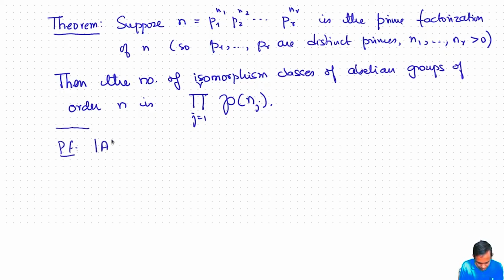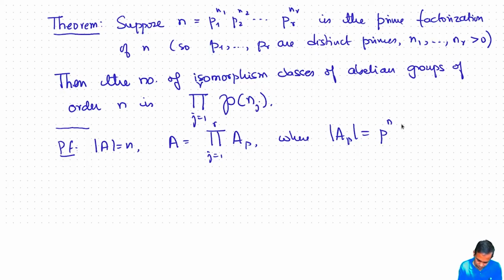If the order of A is equal to n, then A is equal to the product, j goes from 1 to r, of A_pj, where the order of A_pj is pj to the power nj.